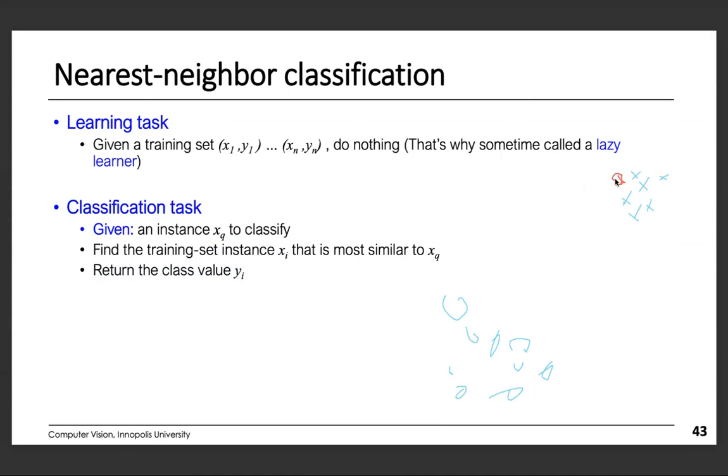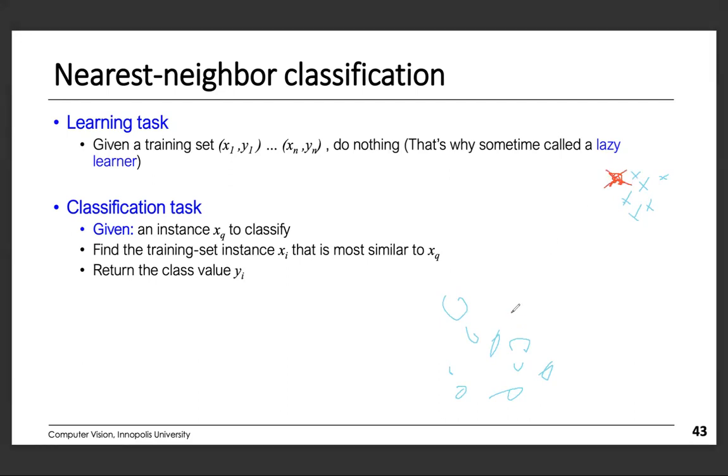We don't know the class of this new point. So we will calculate the distance between this point and all the other points in the data set, and whatever point is closest to it, we give its class. Here we can see that this is closest to class 1, so we say that this point is class 1.